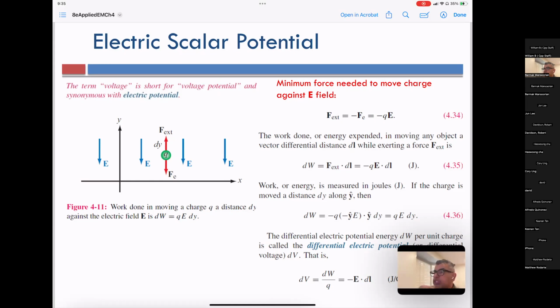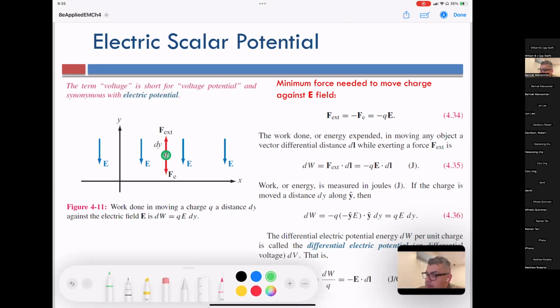And so the definition of a voltage is a measure of the potential energy that a charge would have working against an electric field. So for example, let's say I had an electric field caused by a charge Q plus in space.